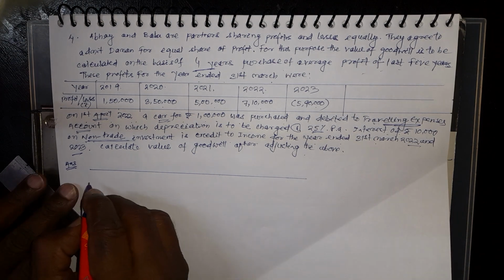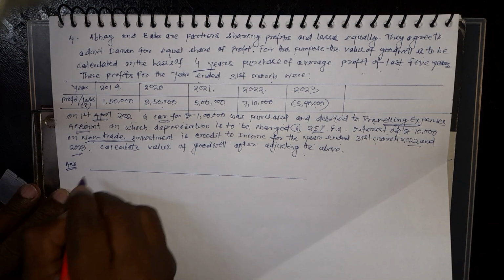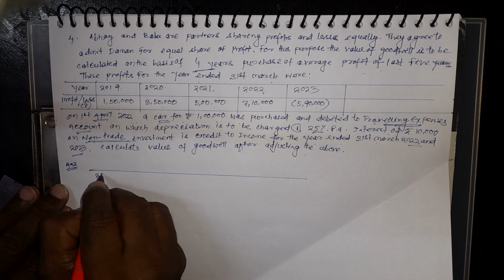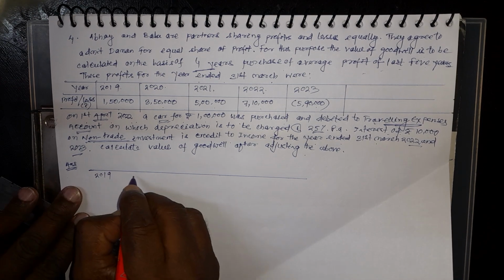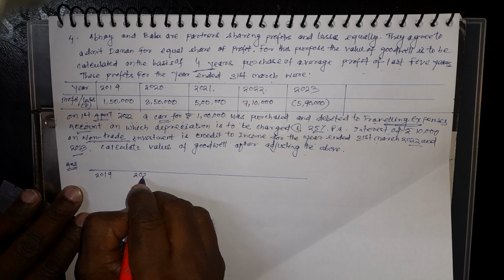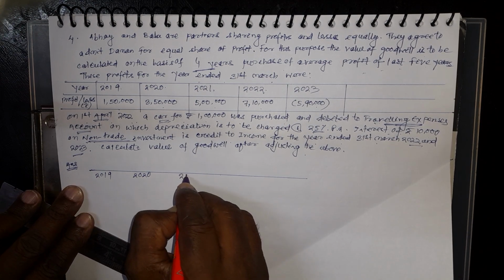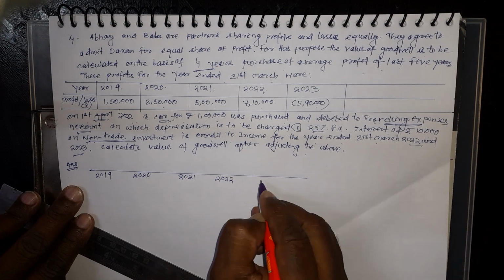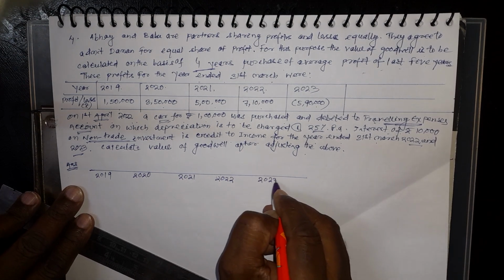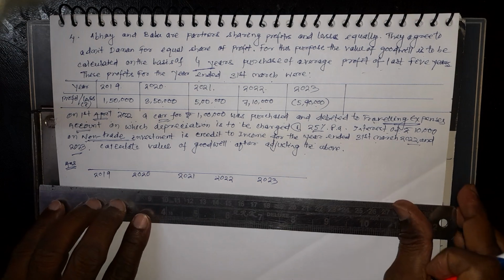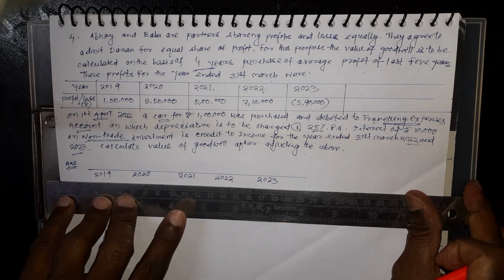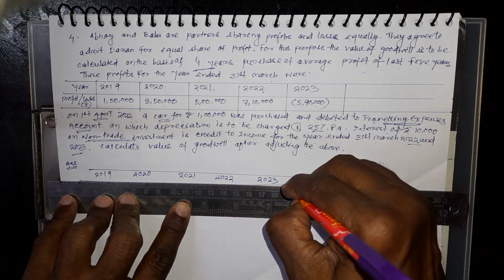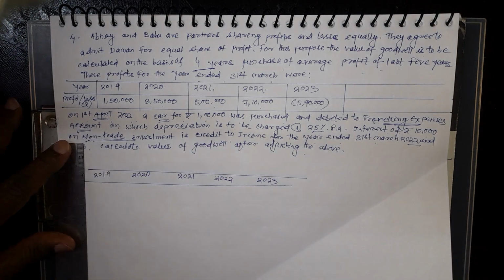Here we have to write 2019, 2020, 2021, 2022, 2023. Clear?